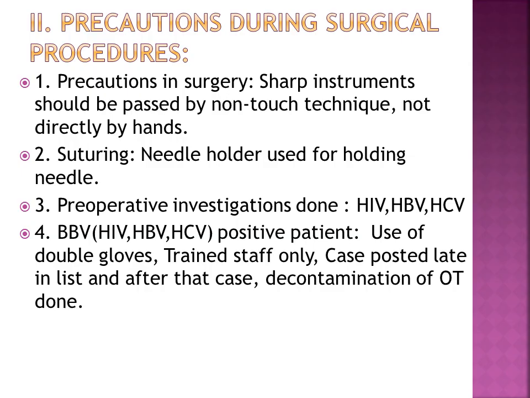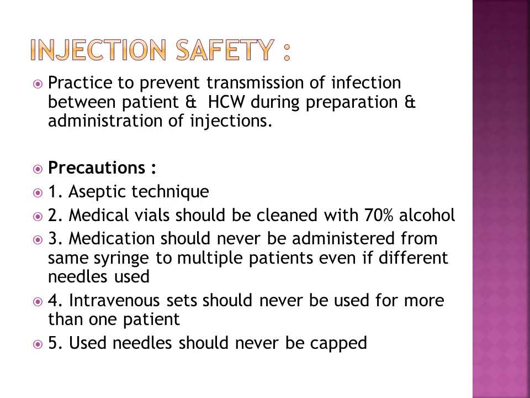Pre-operative investigation should be done for HIV, hepatitis B and HCV. For a blood-borne viral infection positive patient, double gloves should be used, trained staff should be there, and the case posted late in the list. After that case, decontamination of the OT should be done, and the surgeon should wear proper personal protective equipment including double gloves.